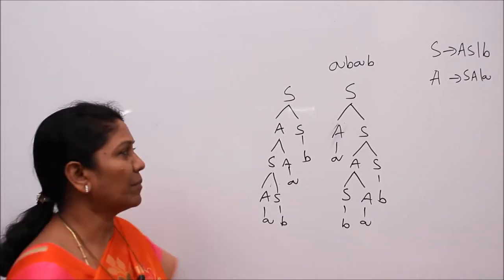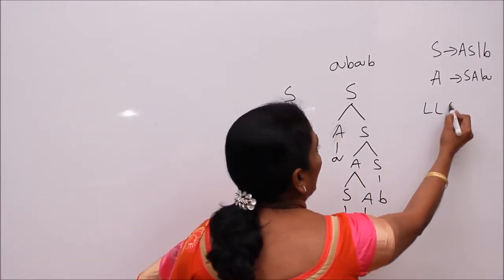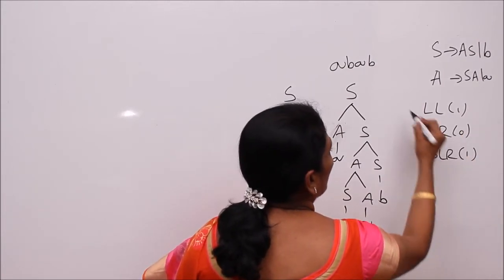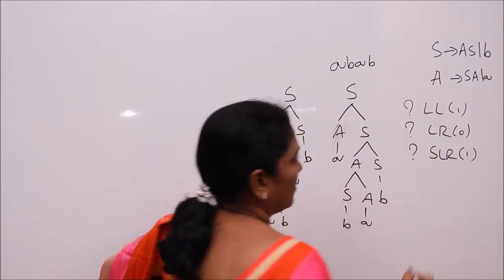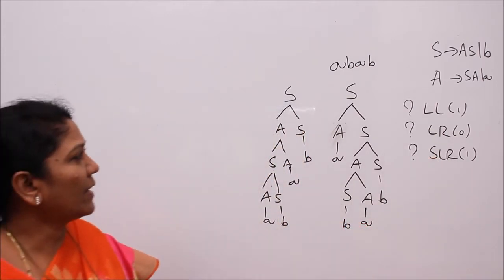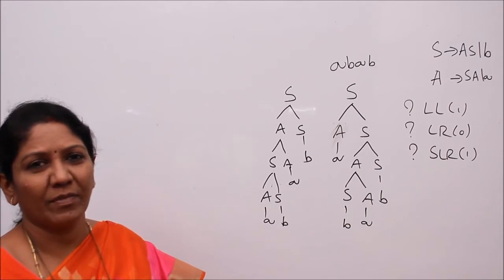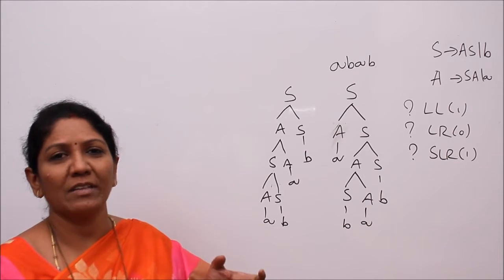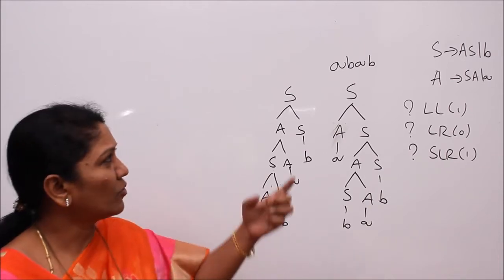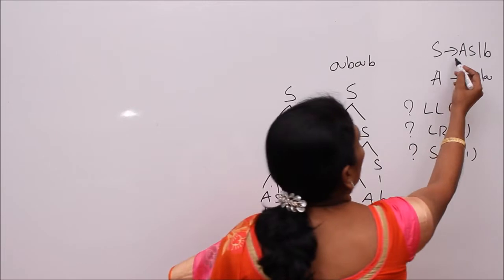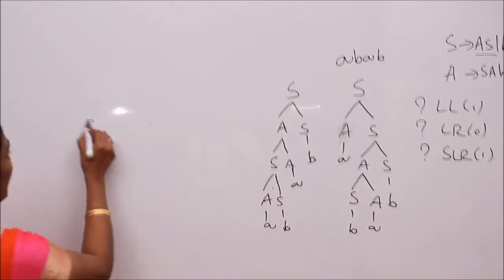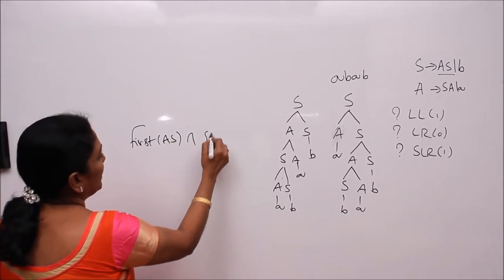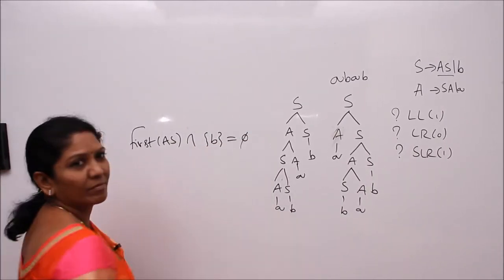So when the grammar is ambiguous, let us check whether it is LL1, LR0, SLR1. Let us test all this. Let us review all three. Given a grammar, how do you test whether it is LL1? Take every rule. Check whether first of each alternative production has something in common or not. If you take the first rule, what is first of this? First of AS intersection B should be empty.